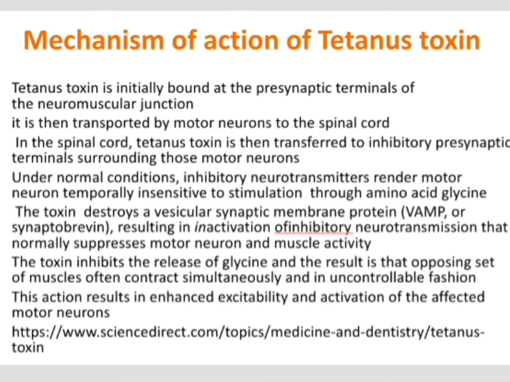So, in the spinal cord, surrounding the motor neurons there are inhibitory presynaptic neurons. This tetanus toxin then binds to this inhibitory presynaptic terminal.